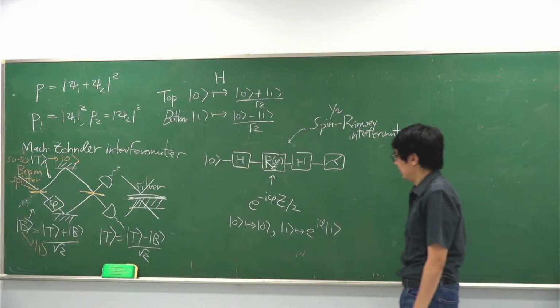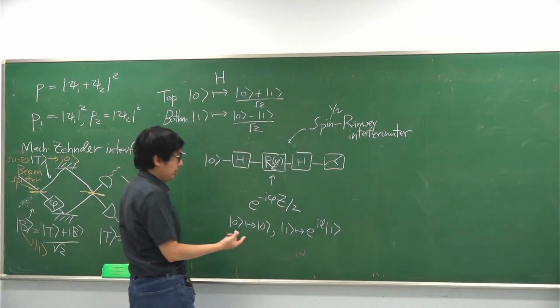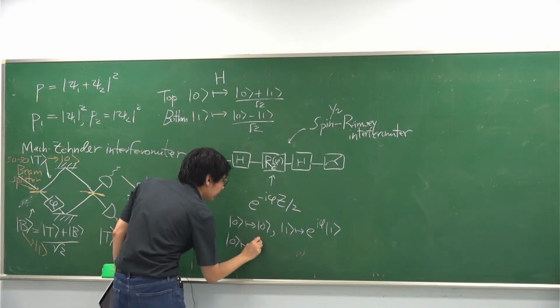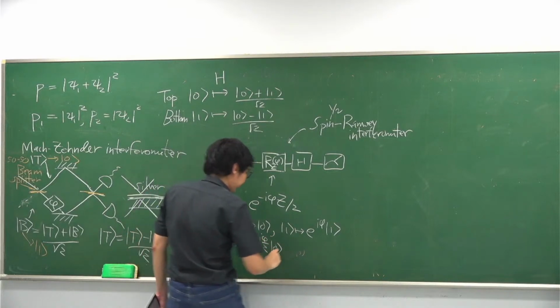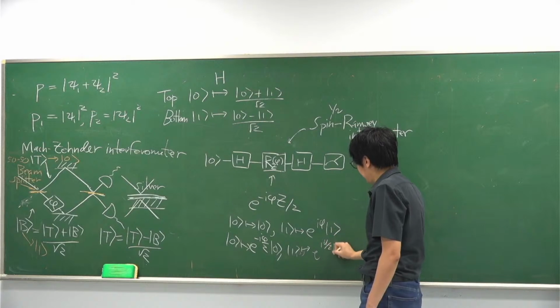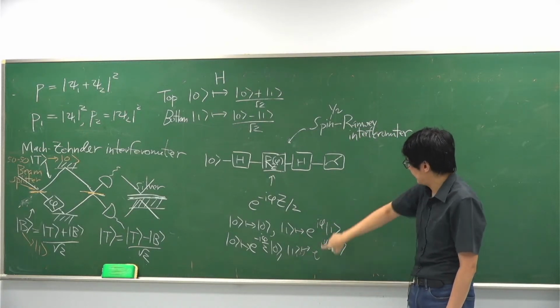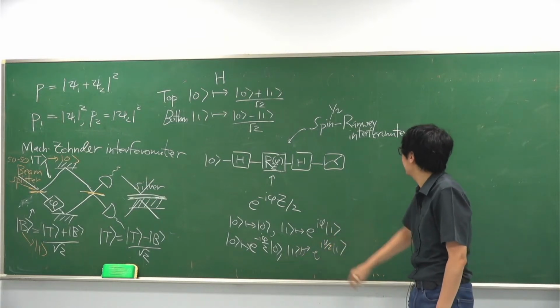But if you don't take out the global phase, originally this would give the phase half a phi to the state here, and the other way for state 1. I think it's easier to calculate with this original thing, which is not the convention.